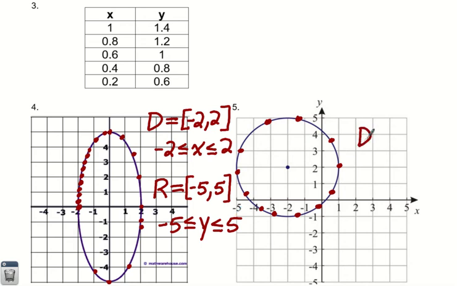Okay, so the domain is going to be equal to, it looks like, from -5 to 1 for my domain, and everything in between. And I mean everything, like decimals and everything.